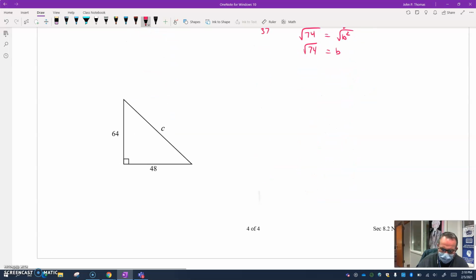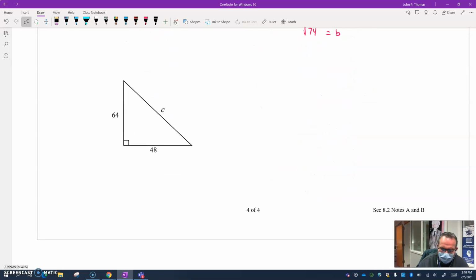Now, if I go to the last one here, we're going to use the same idea. Here we have 48, which is divisible by 16, and we have 64, which is also divisible by 16. So if I take 48 divided by 16, I get 3. So I've got 16 times 3.